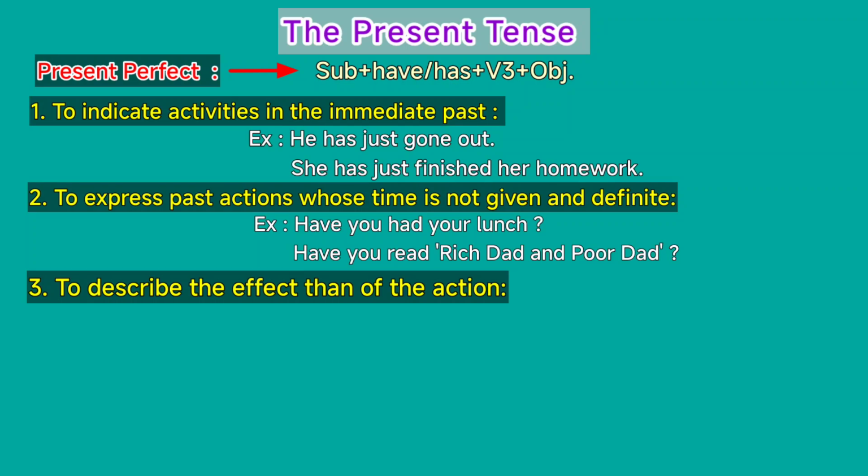An example: my friend has eaten all the biscuits. Of course, nothing is left. The eating already happened, but the impact of the eating is left with us now. When we see the biscuit wrapper, the packet, it's empty. We are experiencing that emptiness of the biscuit packet.